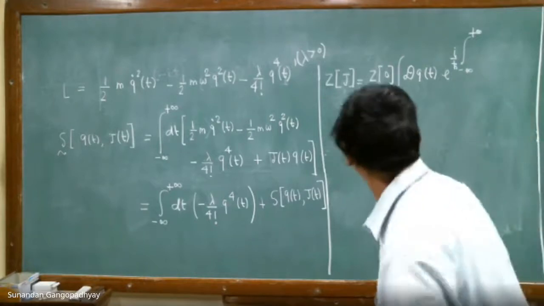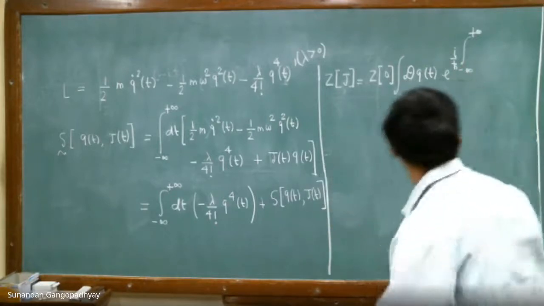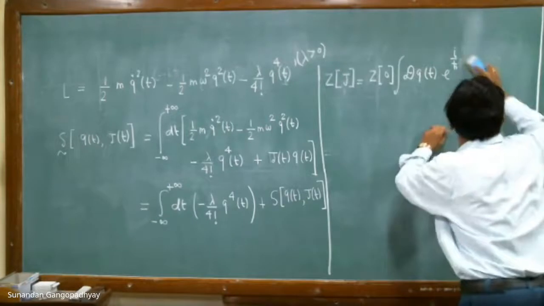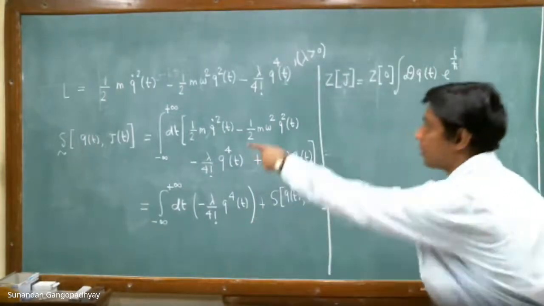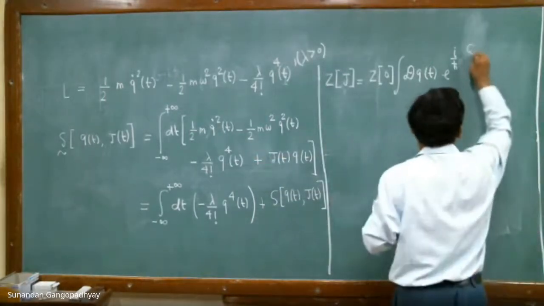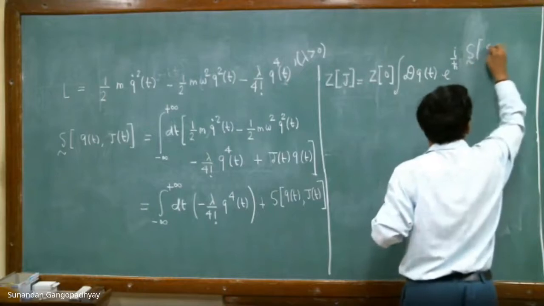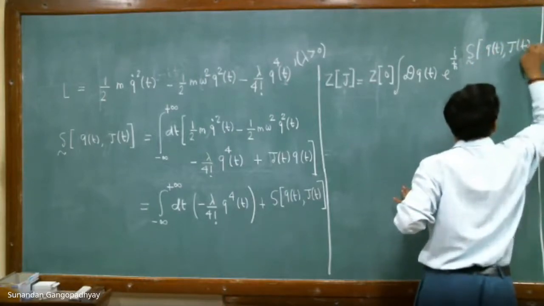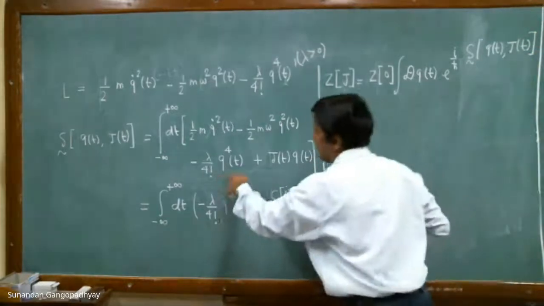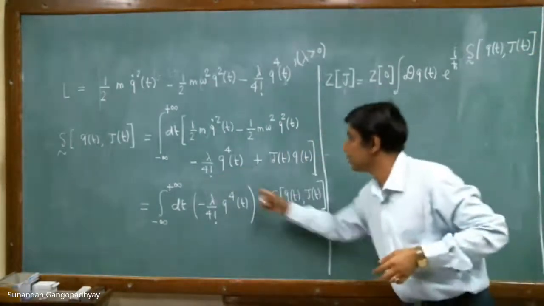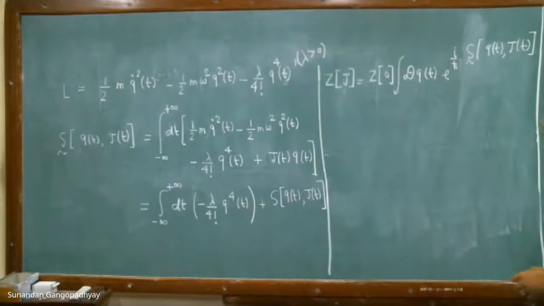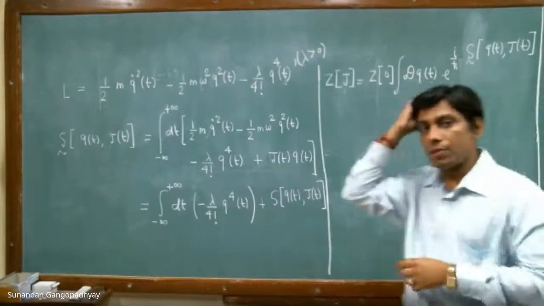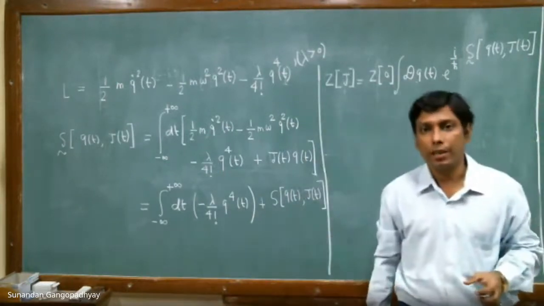I don't need to write this factor down because I have written the expressions explicitly. This is S tilde[q, J], where S tilde contains this term and S is without this term. So this is the generating functional of this quantum anharmonic oscillator.